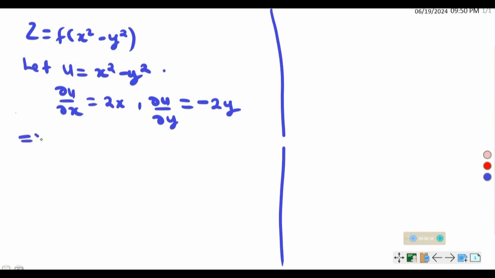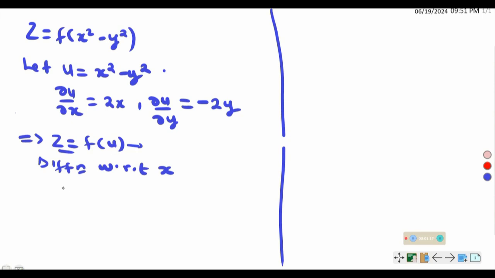So this will imply that our z will now be f of u. U is representing x squared minus y squared. So let us take partial derivative with respect to x of this expression here. So we are taking the partial derivative of this with respect to x.